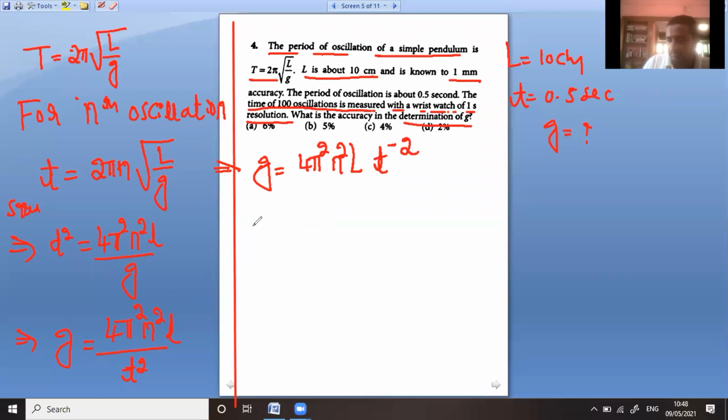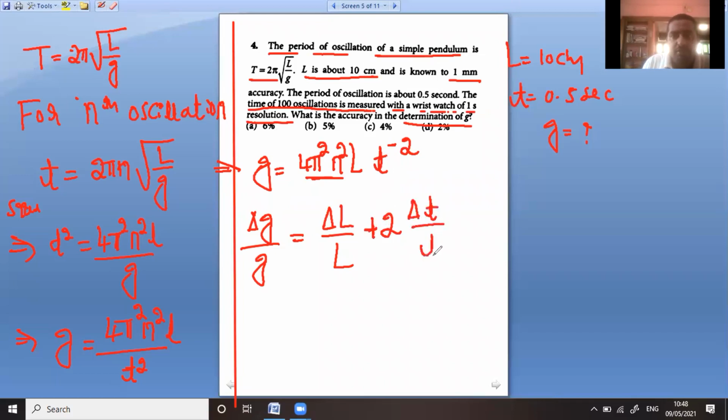Next step is delta g divided by g is equal to, this is a constant, delta L by L plus 2 into delta T divided by T.